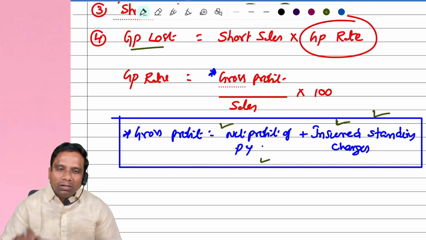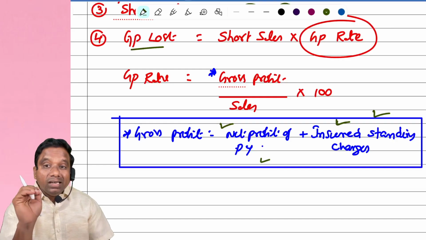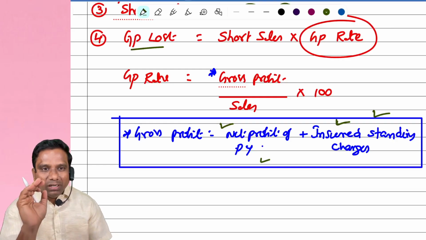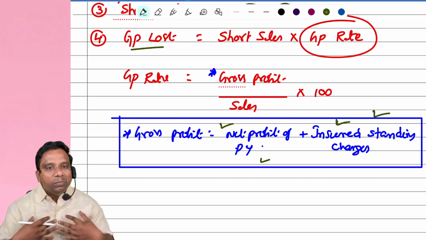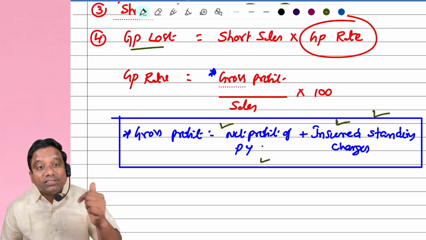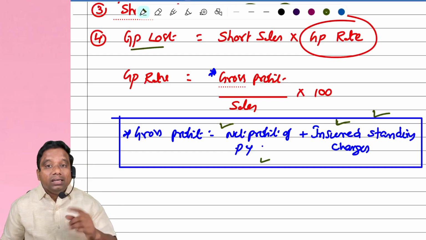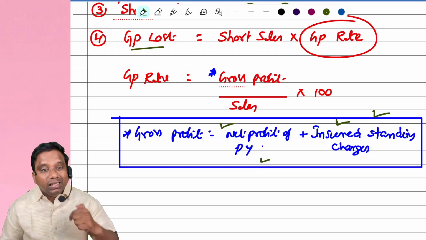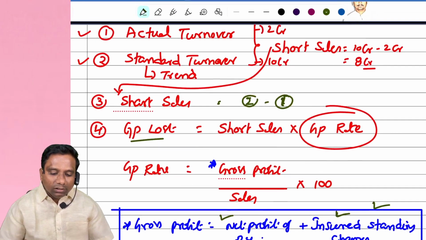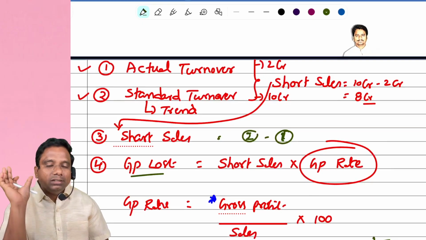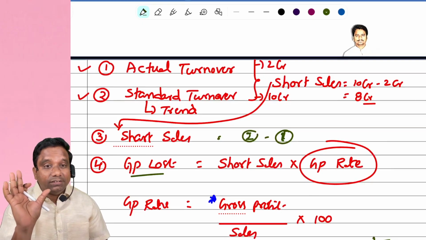But in addition to these insured standing charges, the business may incur some additional expenses for running the business during the disruption period.